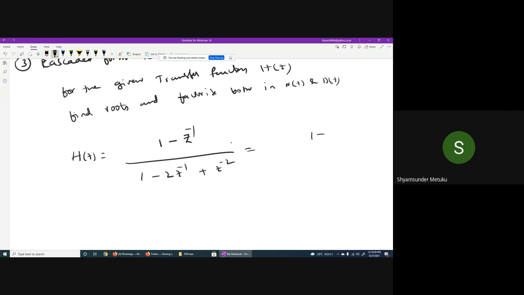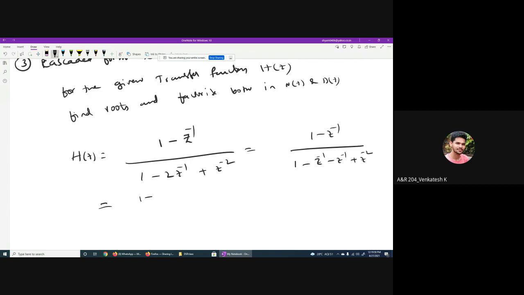Can you tell me what factors we'll get? Roots. Z square minus 2z plus 1. Can we write 2 times minus z inverse, yes or no? Yes, sir.